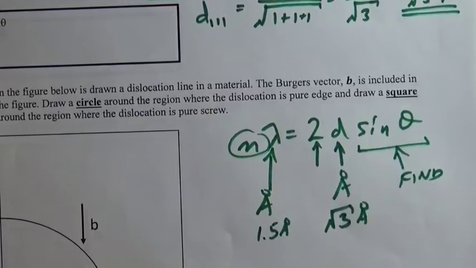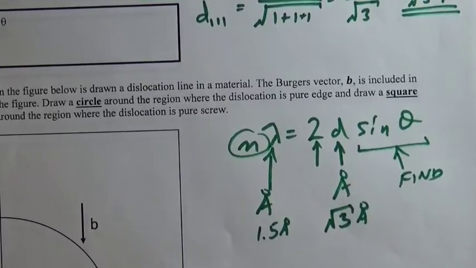So n is essentially the integral number of path lengths of wavelengths that map in the diffraction pattern. It's a constant. It's an integer.